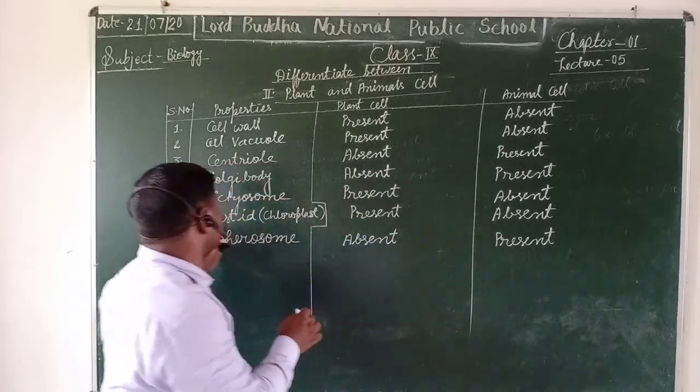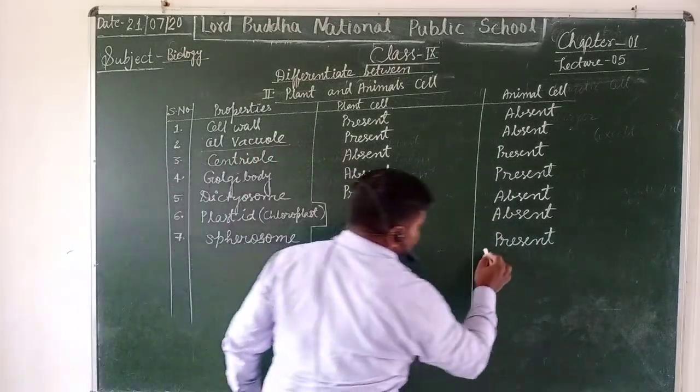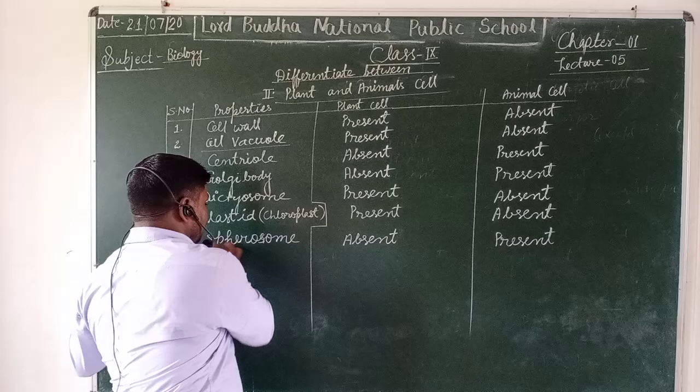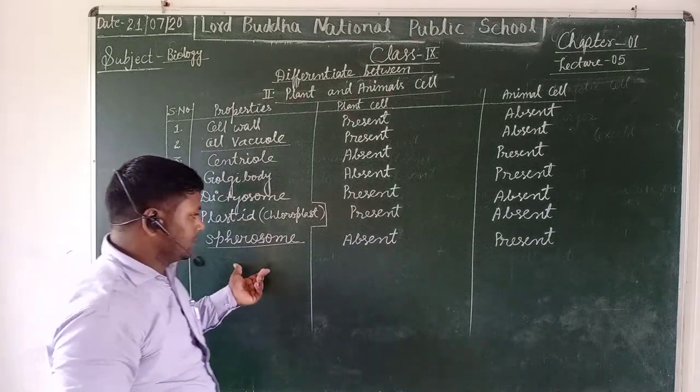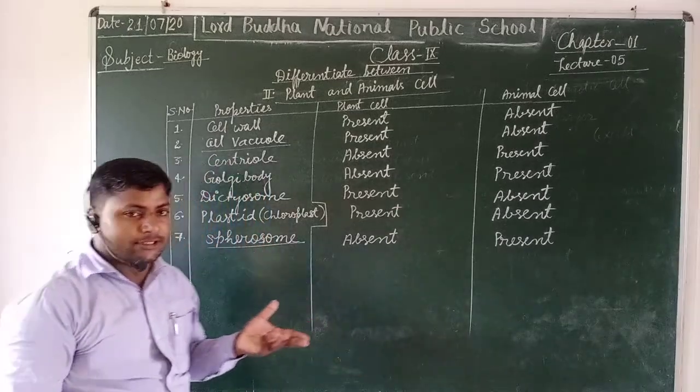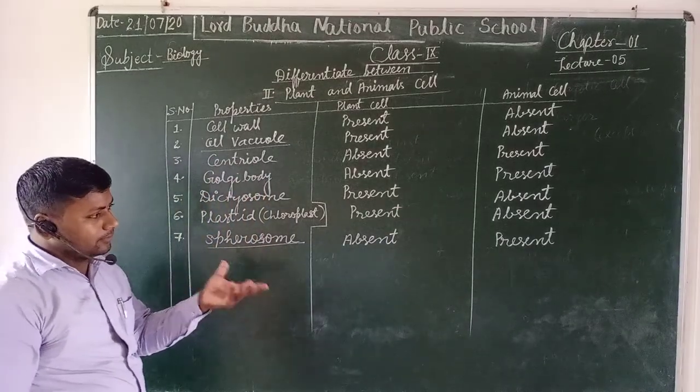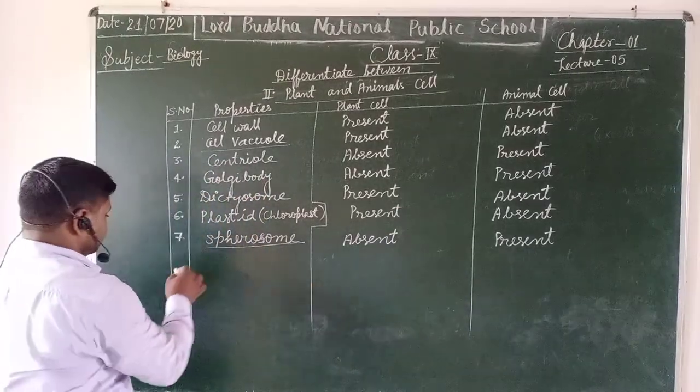On the place of cell vacuole in animal cell, spherosomes are present. These are spherical bodies whose main function is transportation and storage of some food substances.